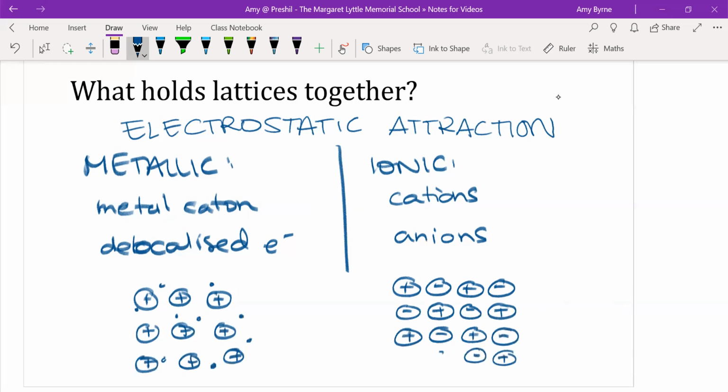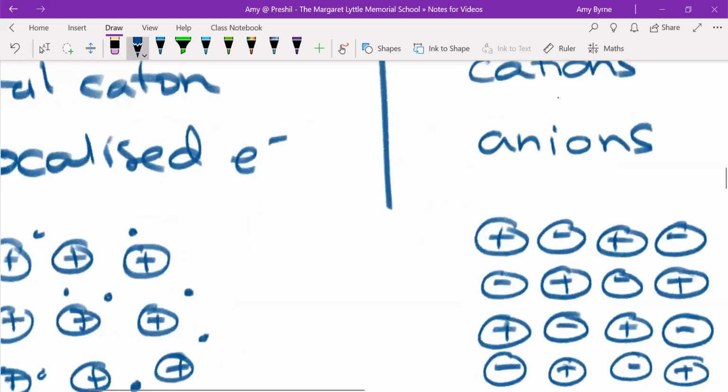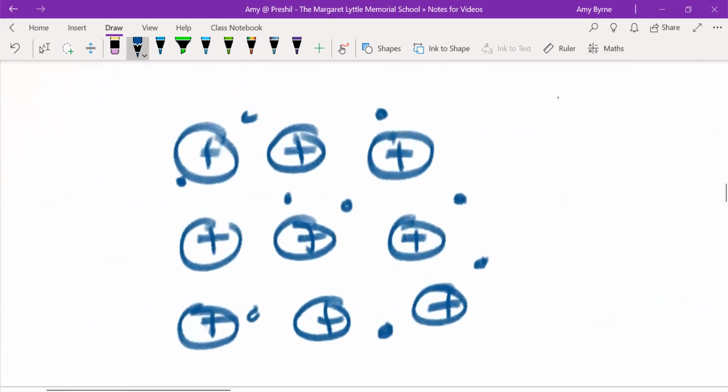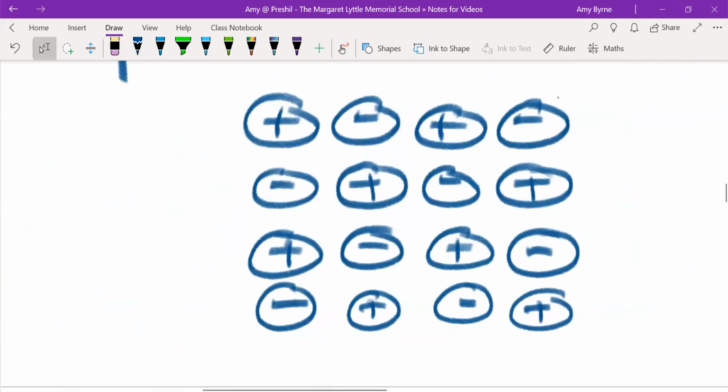Okay, so the electrostatic attraction between, this is my metallic lattice, between my cations and my delocalized electrons is what holds this lattice together.